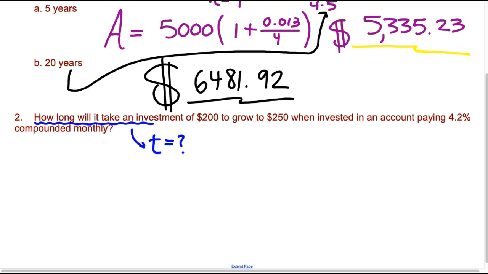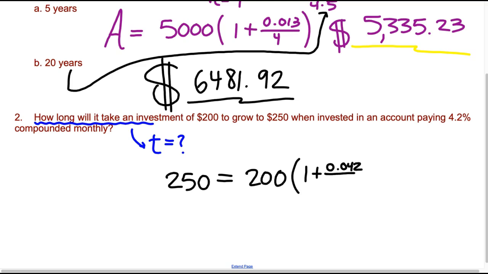We have 250 is our amount after we invested $200 at an interest rate of 1 plus 0.042 over the number of times it is compounded. It is monthly, so that's 12 this time, to the 12t power.